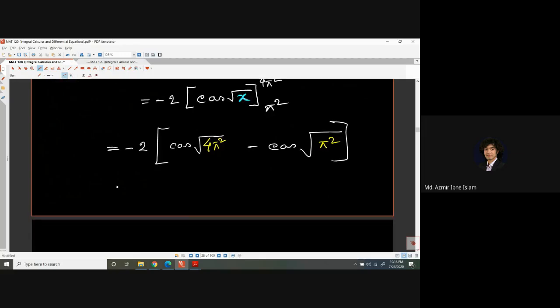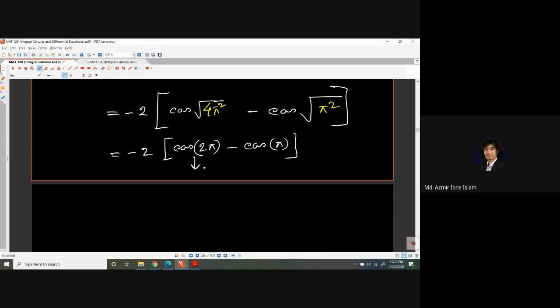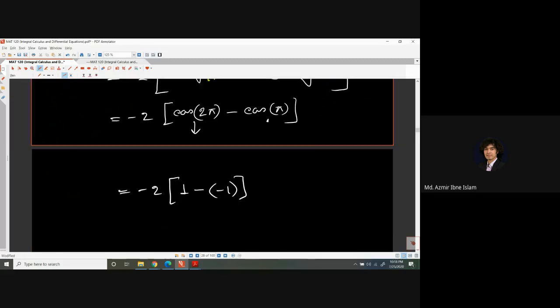So finally, negative 2 times cosine of root over 4 pi squared, which gives 2 pi, minus cosine of root over pi squared, which will be pi. So cosine 2 pi, that means cosine 360 degrees, is actually positive 1, and cosine 180 degrees is actually negative 1. Okay, so we have found these two values.